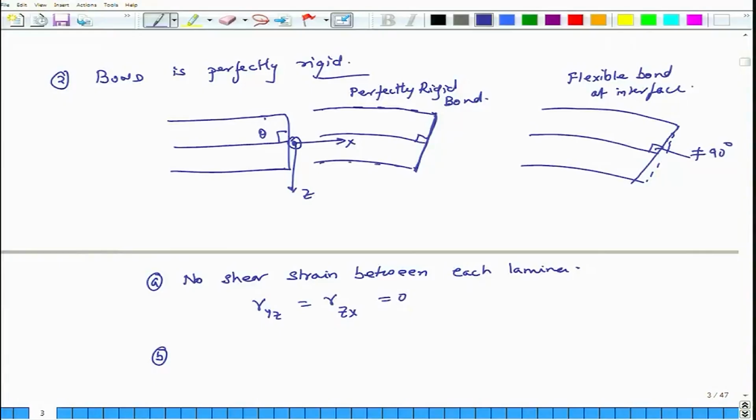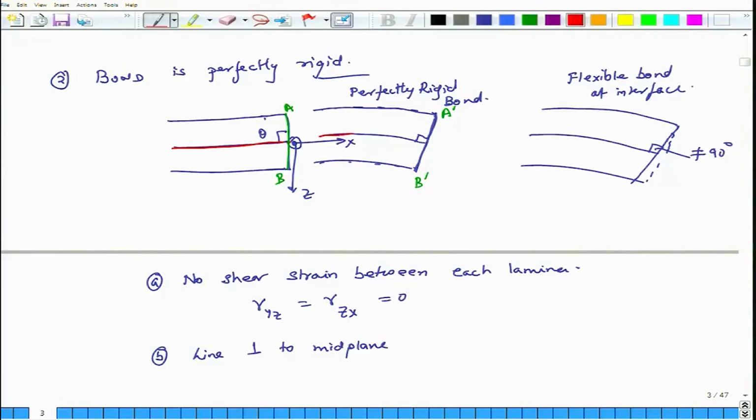In words, a line perpendicular to the mid plane, let us say line AB, once the plate has bent, becomes A prime B prime.